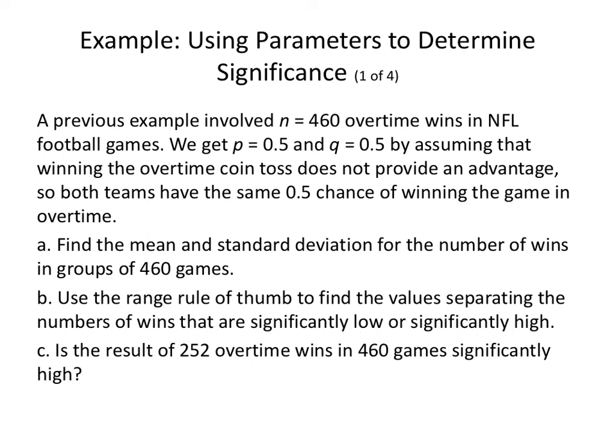Part A, we're going to find the mean and the standard deviation for the number of wins in groups of 460 games. Part B, use the range rule of thumb to find the values separating the numbers of wins that are significantly low or significantly high. And C, is the result of 252 overtime wins in 460 games significantly high?